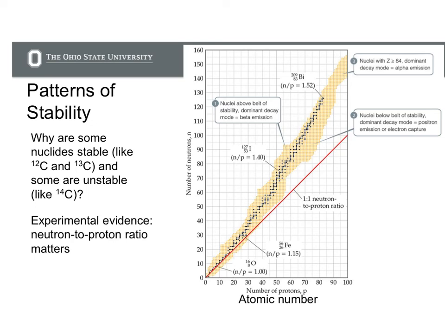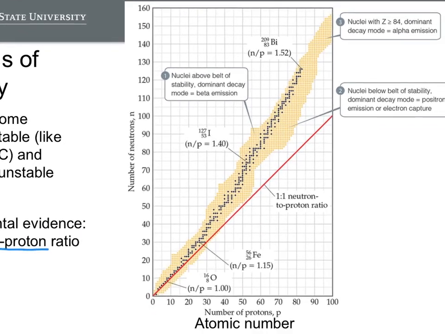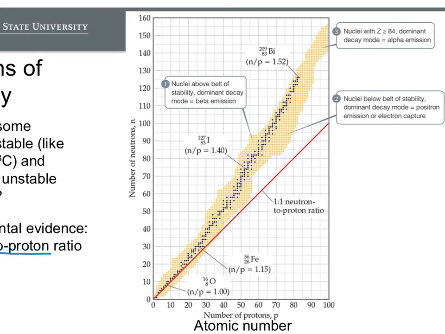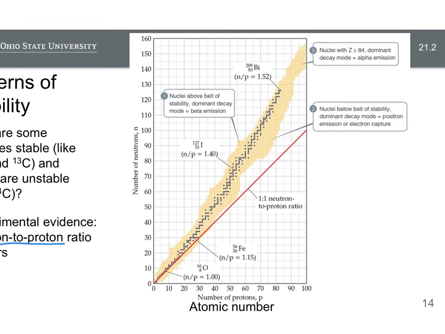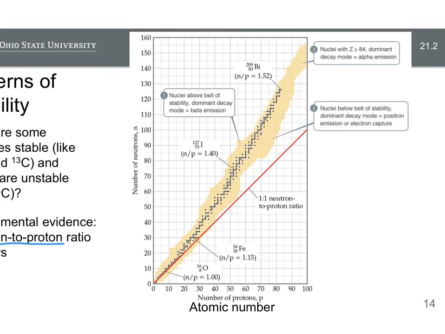One of the things that plays into this is the ratio of neutrons to protons. This plot shows the number of protons, the atomic number, on the x-axis, and the number of neutrons on the y-axis. The red line shows a 1-to-1 neutron to proton ratio.